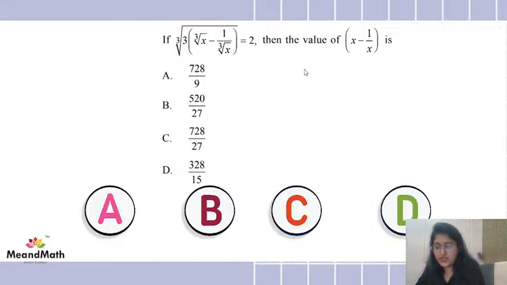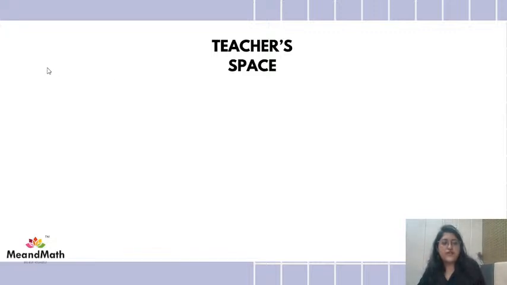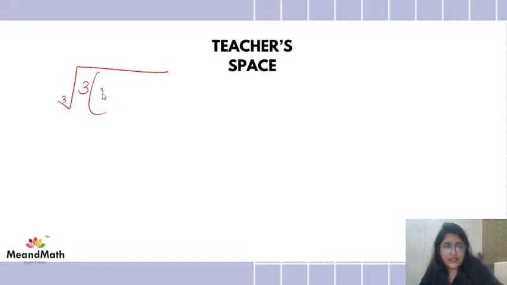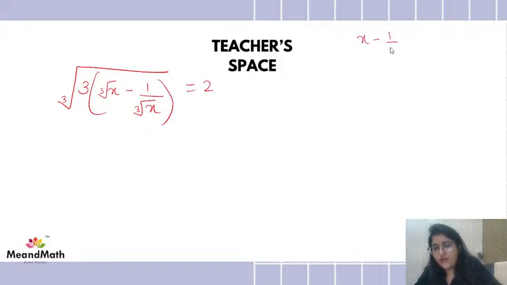So let's try this question over here. Okay, students, our question is: the whole of 3 times cube root of x minus 1 upon cube root of x is equal to 2. And we need to find the value of x minus 1 upon x.